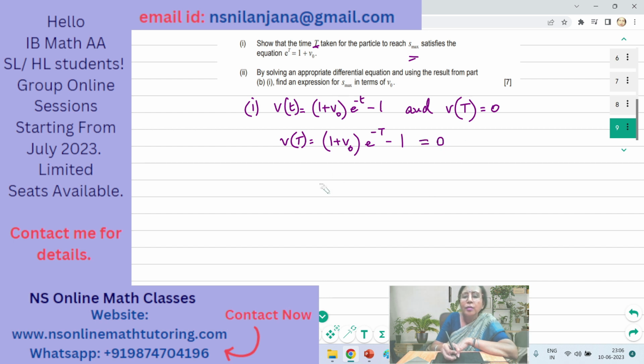So 1 plus V0, whole multiplied by e to the power of negative capital T, is equal to 1.